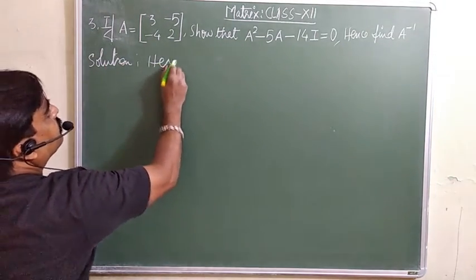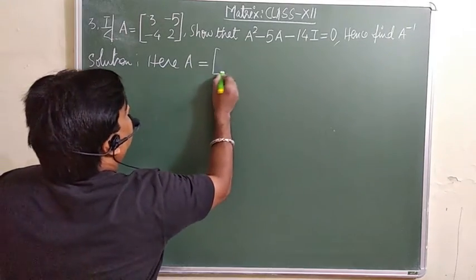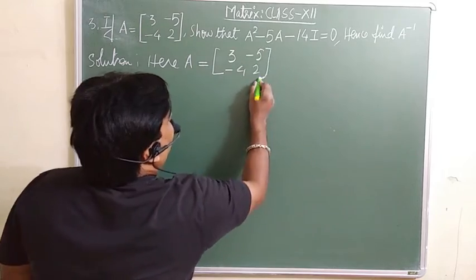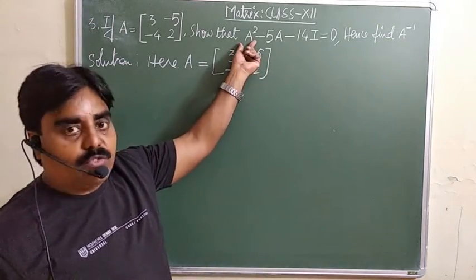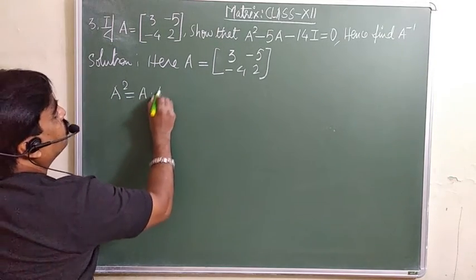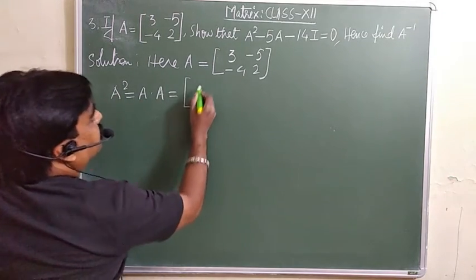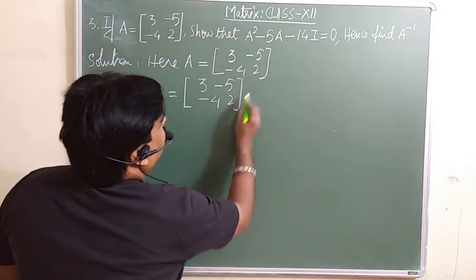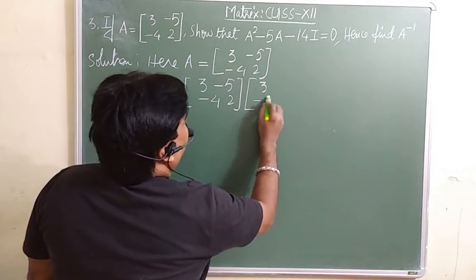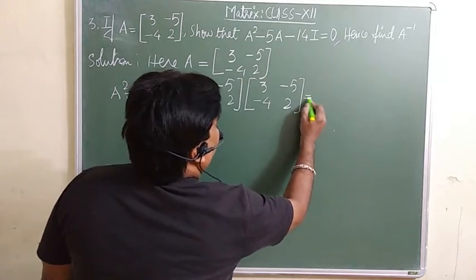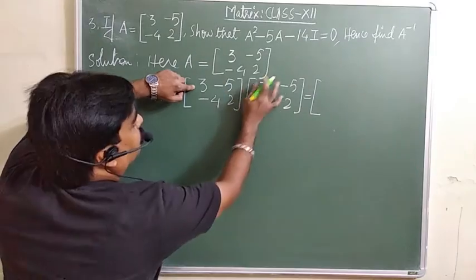here A is equal to [3 -5; -4 2]. So you are supposed to find out the value of A square first. So A square means A into A. So your matrix [3 -5; -4 2] multiplied by itself. Here you will multiply first row, first column element.